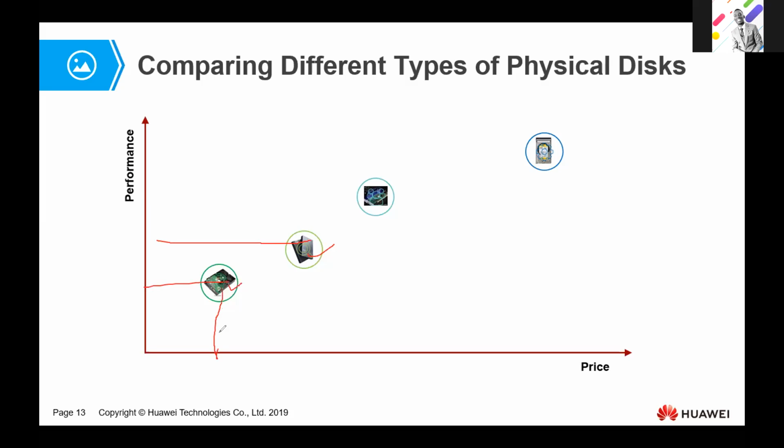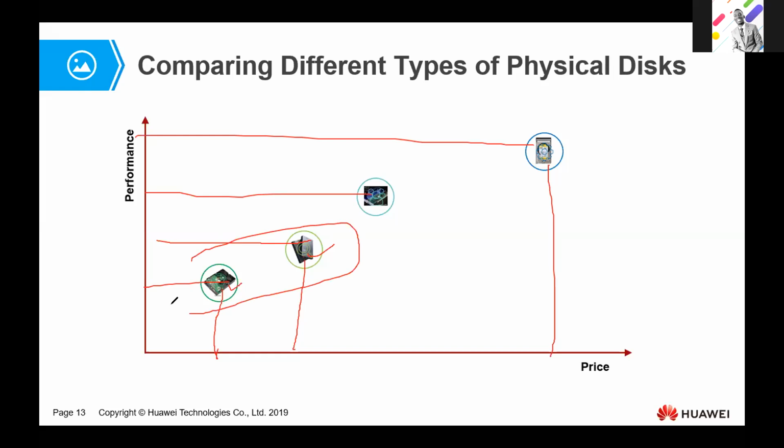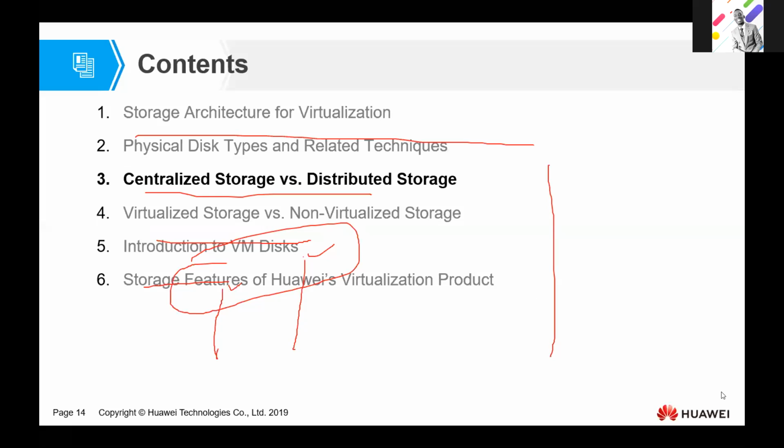And of course, our HDD has a lower price compared to our SSD. We also have SAS and nearline, but the price is too high for those and they are not commonly used. Commonly today we are using these two, and I want to focus on these two in this class today.